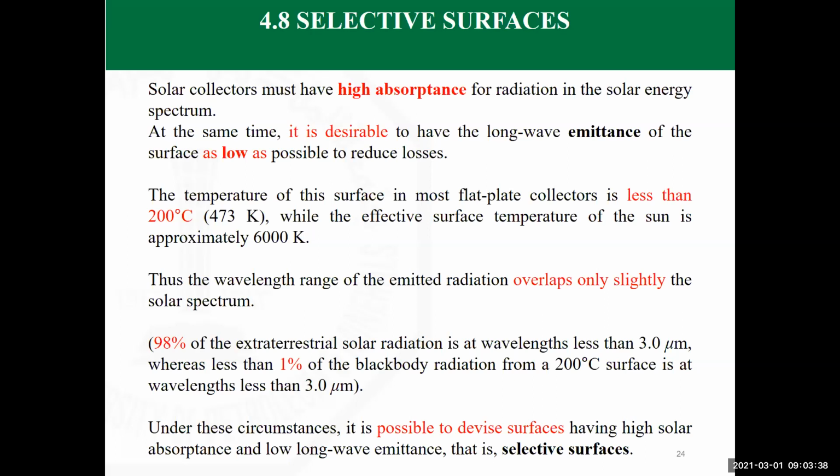This is the issue, because the properties of absorbance and emittance depend on the wavelength. And the wavelength is inversely proportional to the frequency. So short wavelength means high temperature. Long wavelength means low temperature.